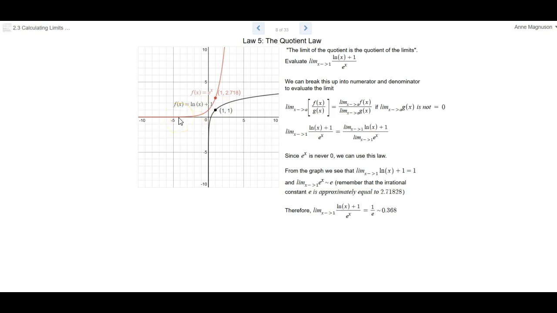And the limit as x approaches 1 of e to the x is 2 point something. It turns out it's 2.7-ish, or 2.718, which is an approximation of e to the first. So therefore our limit is 1 over about 2.7, which is about 0.368.